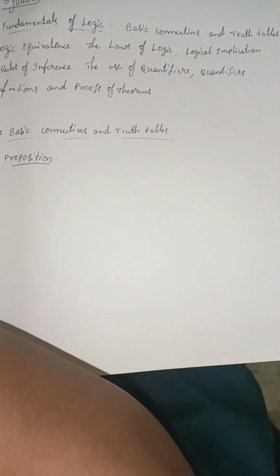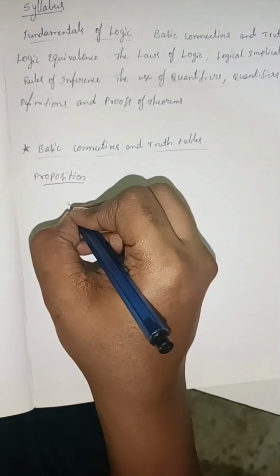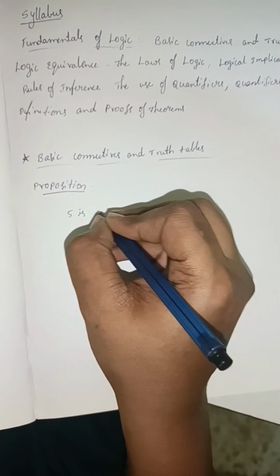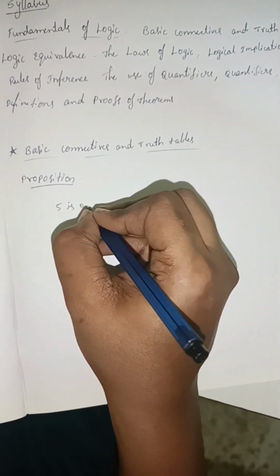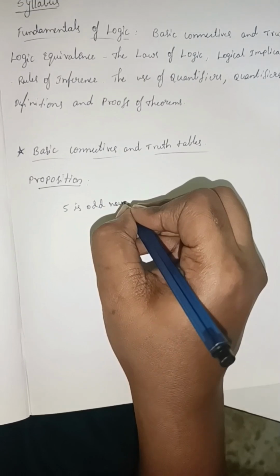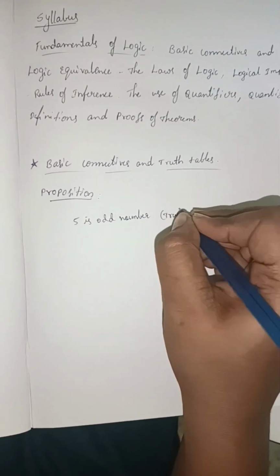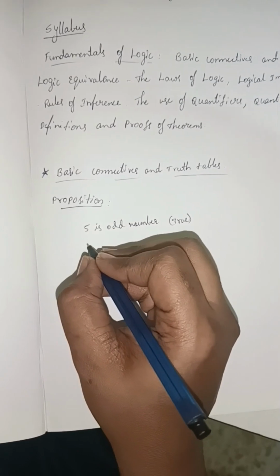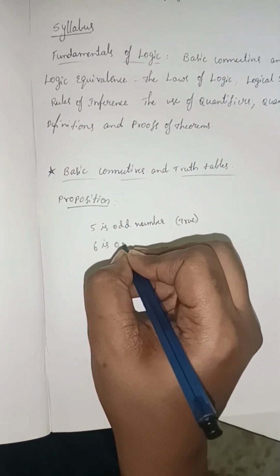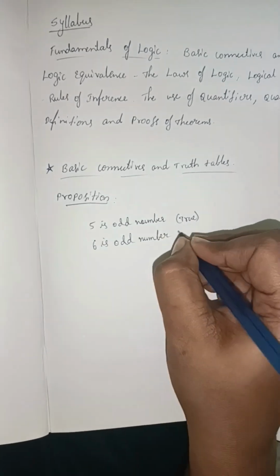For example, 5 is an odd number. This is a true statement. 6 is an odd number. This is false.